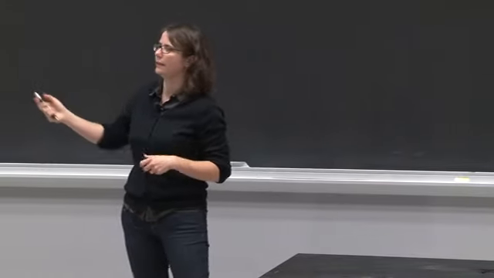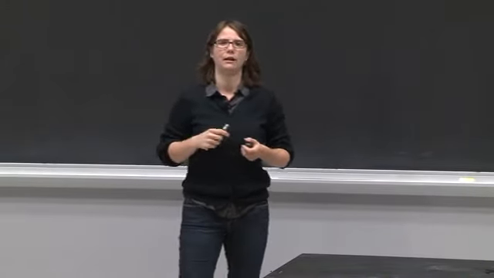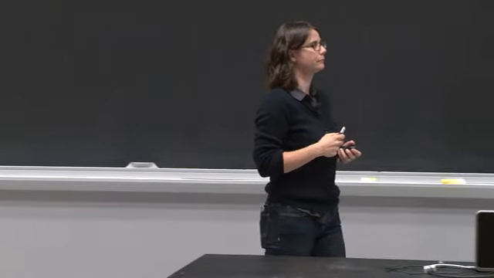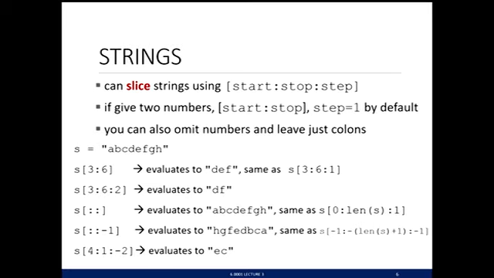And then the step is every how many letters you wish to take. So this is the full notation here, but sometimes you can not give it a third number. If you only give it 2 numbers, then to Python that represents just the start and the stop, and by default step is going to be 1.